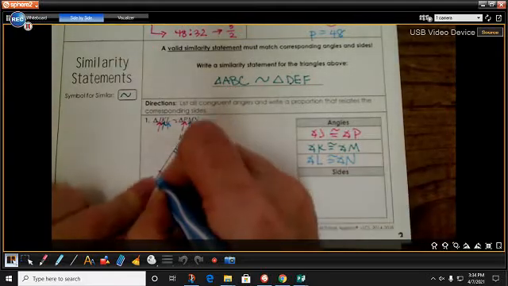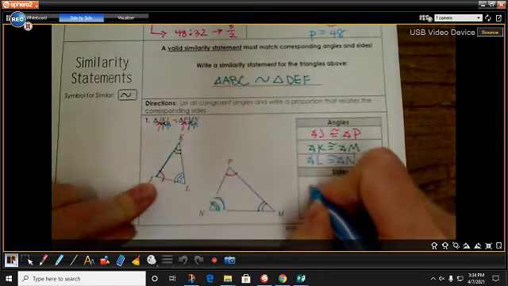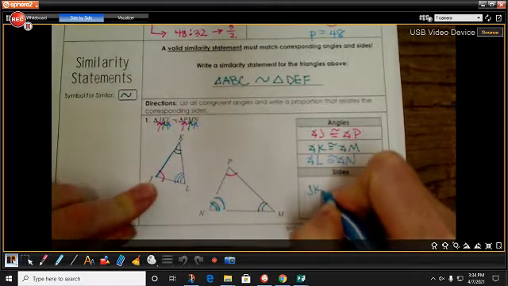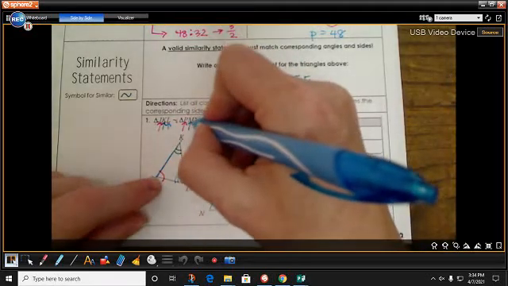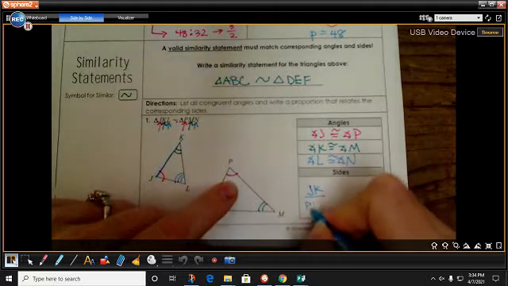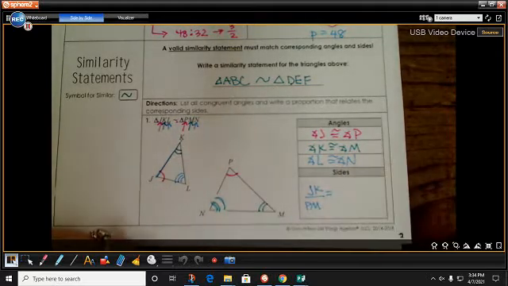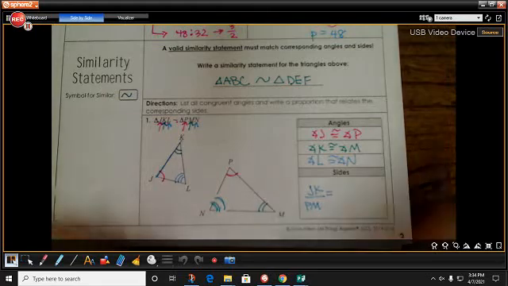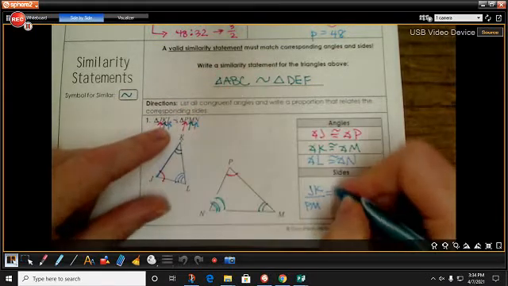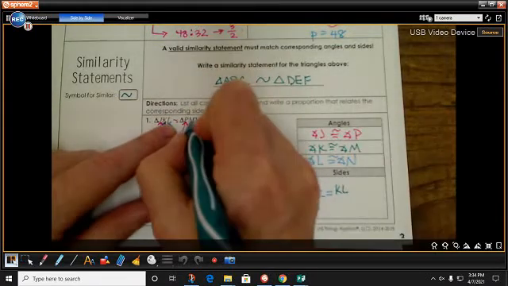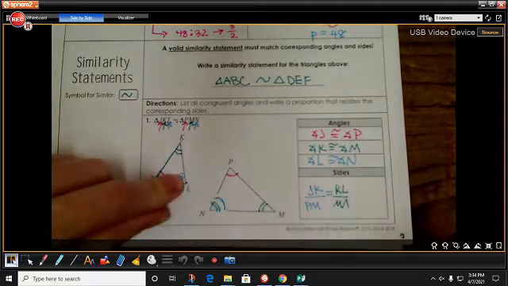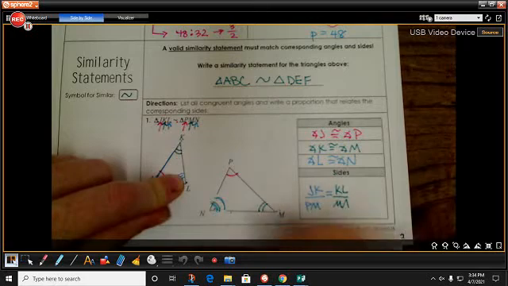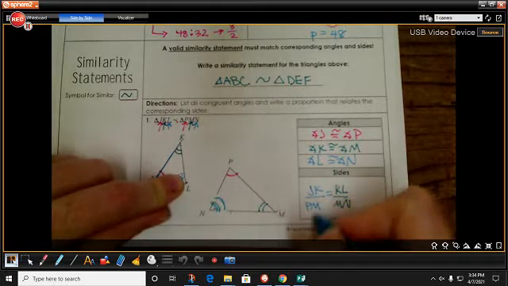So if I take side JK, it is supposed to be matched up with PM. That ratio is supposed to equal whatever other ratio I come up with. And so let's see, I've got K to L should go with M to N. So KL and MN should be the same ratio as the other guys.